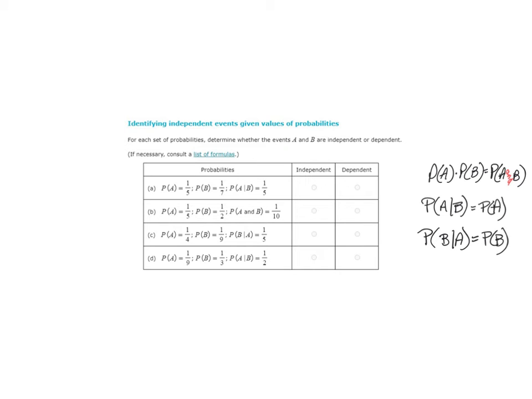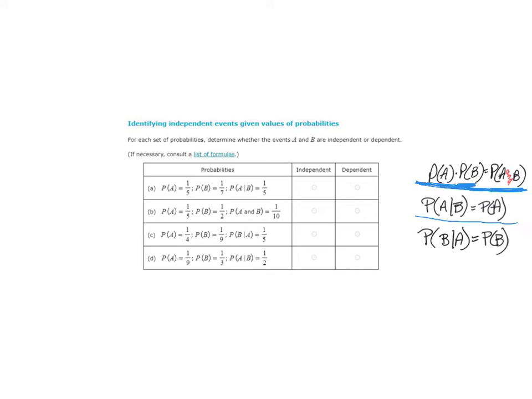All right, identifying independent events given their probabilities. So this is the main statement you need to know really for probability of events that are independent. If events are independent, then the probability of A and B equals the probability of A times the probability of B. But these other two rules also come into play sometimes.